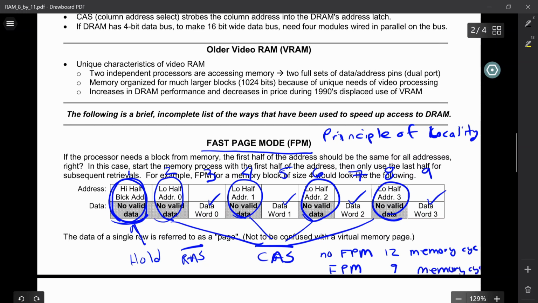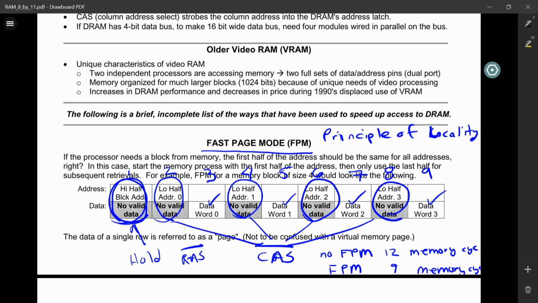All right, and that's quite a savings. You're looking at 3/4, it takes 75% of the time that it would have if we did not have FPM. Now, this will speed things up significantly, and in fact, we'll get a little bit more of an improvement the more bytes of memory we can pull from memory in a row.